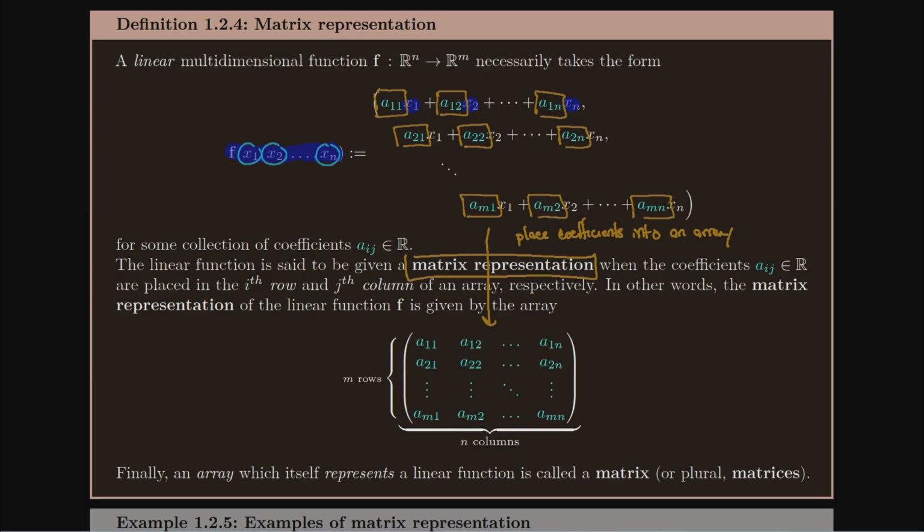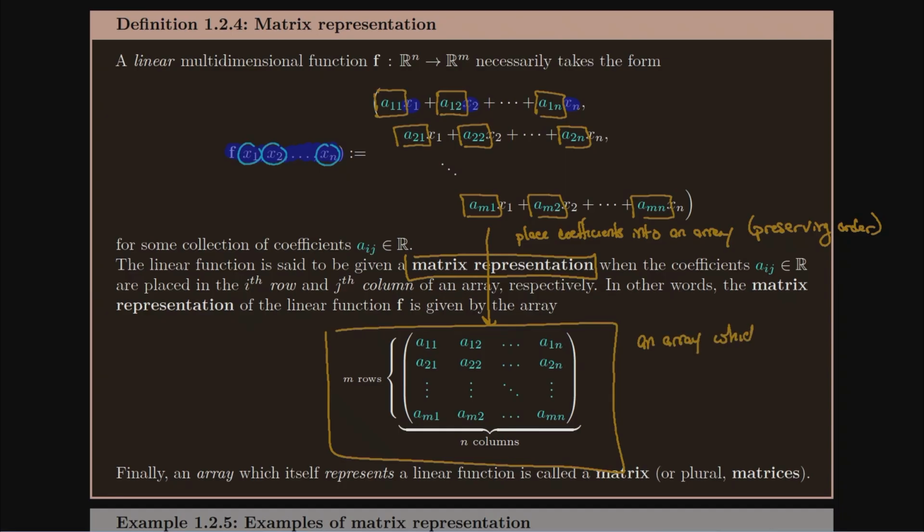And once I place the coefficients into the array, by the way, preserving order, I have this object, which you could call an array, it is an array, but the moment that we're associating in our minds the array to a linear function, an array which represents a linear function is called a matrix. Every time we see this word matrix, we're referring to an array that represents a linear function. So there's always a linear function hiding behind the matrix. And that's kind of what's important for linear algebra as well, is to recognize that it's always a linear function.